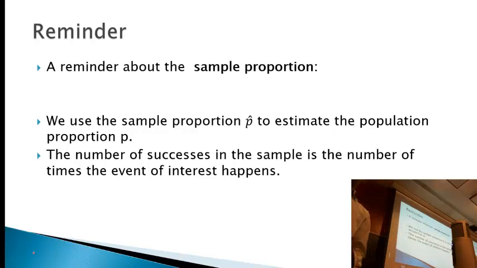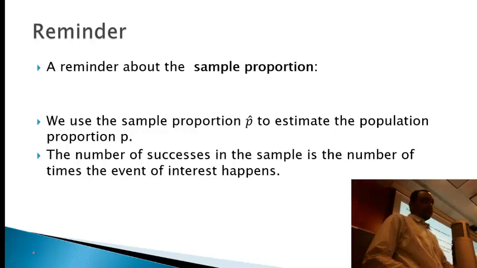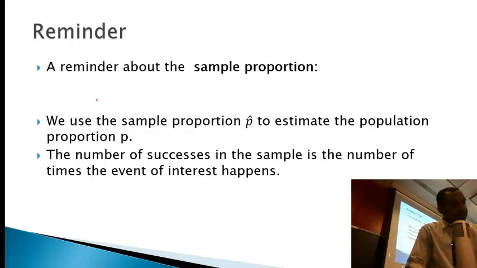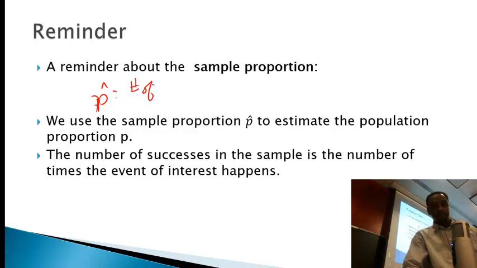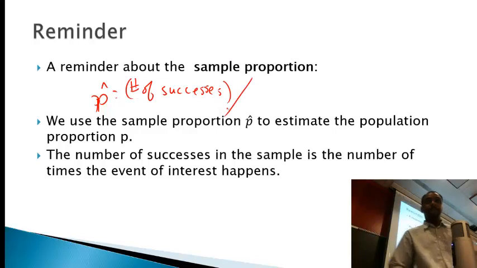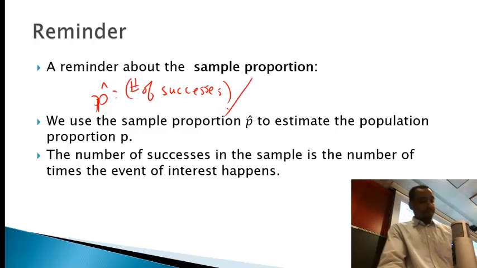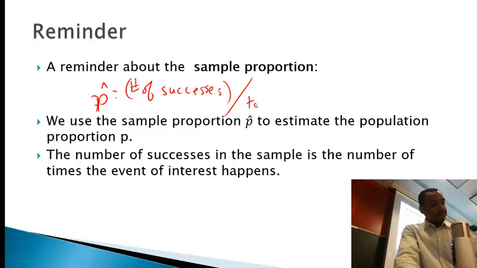All right. So the sample proportion, p hat, is the number of successes divided by the total number of individuals.